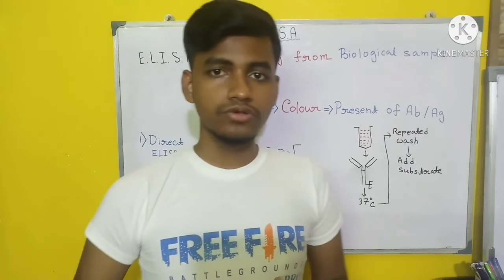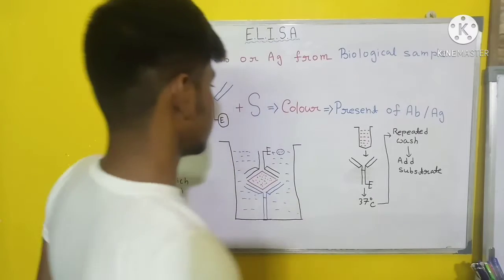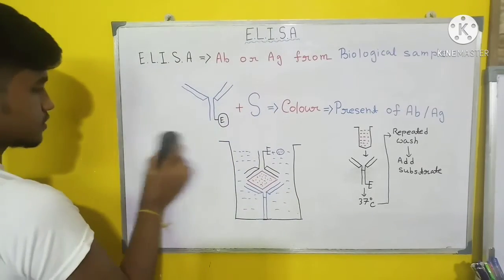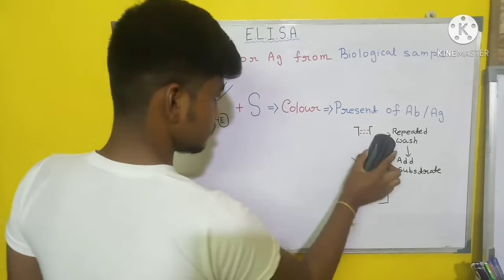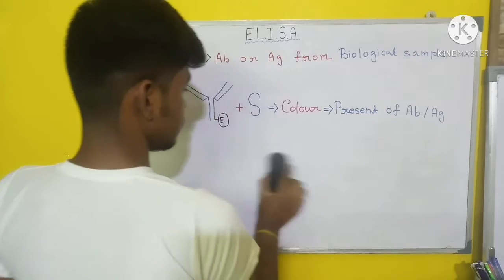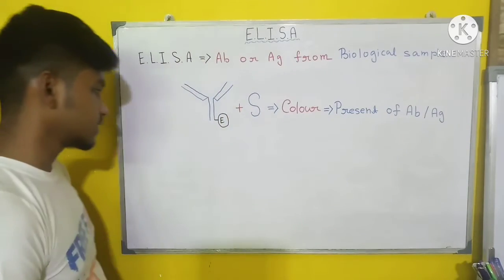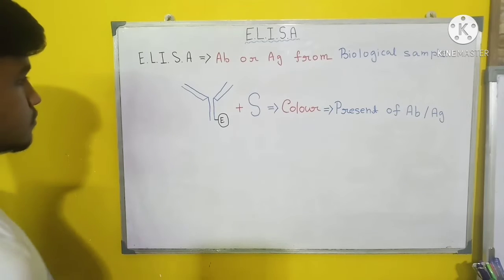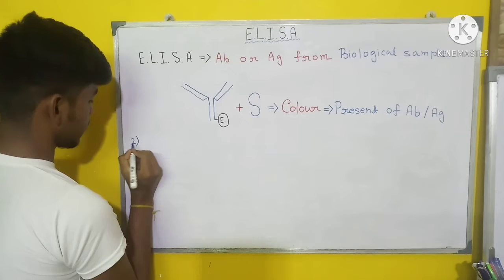Now guys, we'll move to the indirect ELISA, which is type 2.